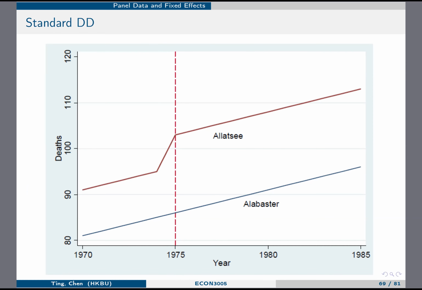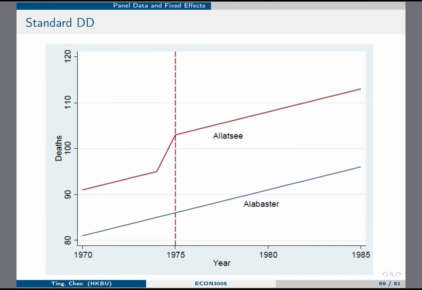Oh, sorry, no, that's a different example. So in this example, Alabama actually didn't change the legal drinking age, and for another state, what's the state? A state that actually changed the legal drinking age in 1975.